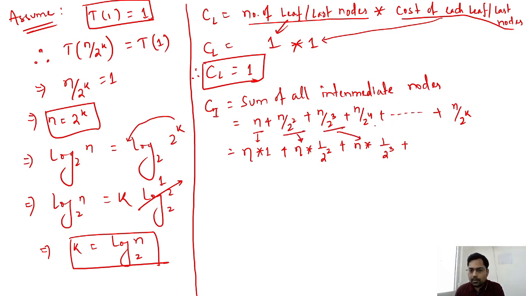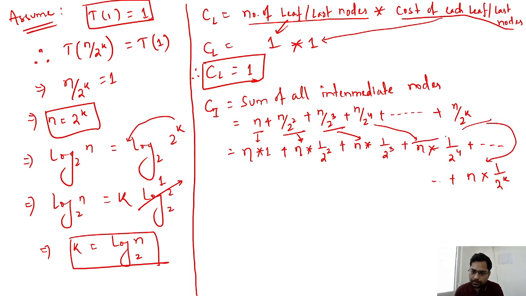The fourth one, if you want to write, could be n into 1 by 2 to the power 4, because n by 4 is like this, dot dot, plus n into 1 by 2 to the power k. Simple, you can write it in this manner also. Okay, done. Now again I am just simplifying it.